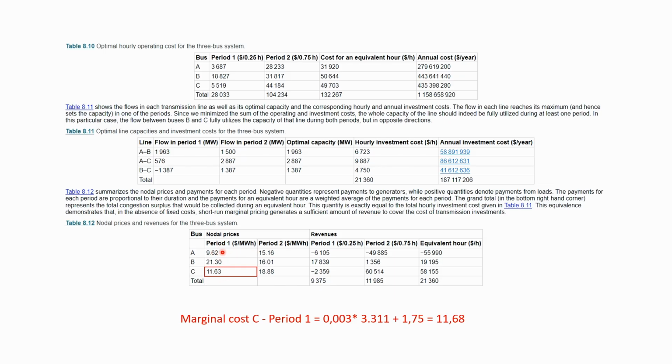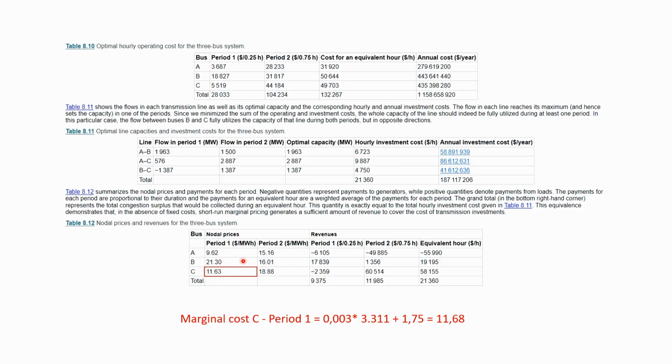there is a different area price between the three areas, both in period 1 and in period 2. So there will be bottleneck incomes in all the periods here for all the lines.